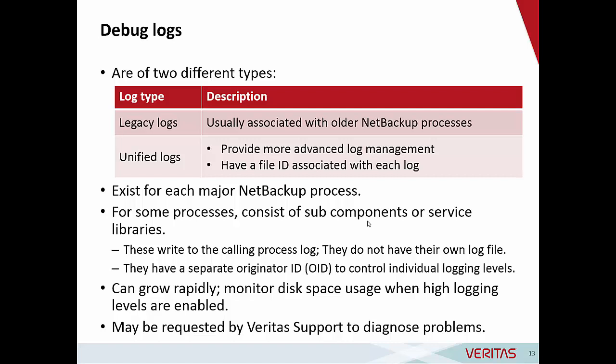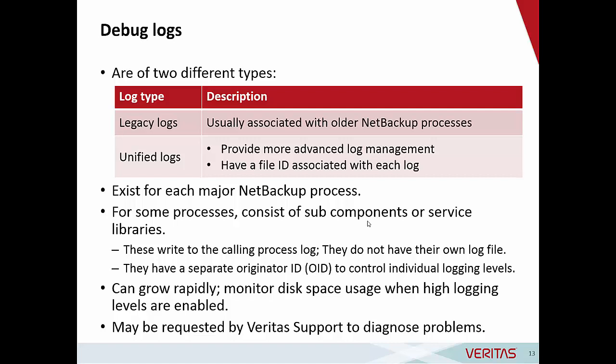Now the reason why we make this distinction is because these two methods of logging behave very differently. The legacy logs, the older logging method, is very straightforward and simple. It's easy to activate and deactivate, but there's not a lot of options for management. You can turn these logs on and off, and you can affect how verbose they are, but they're not as configurable as the unified logs.